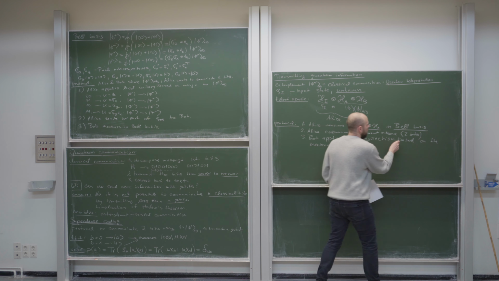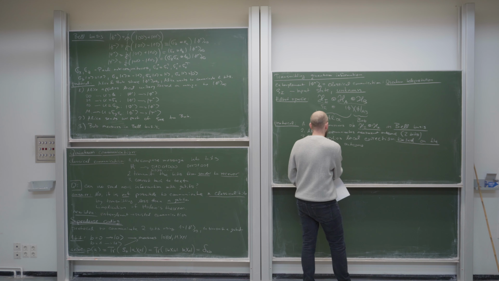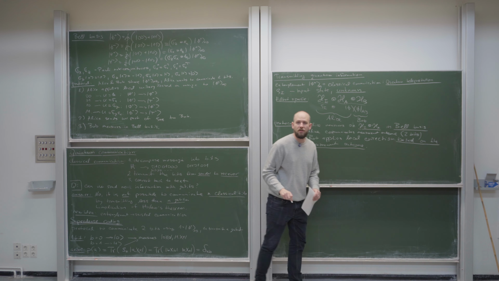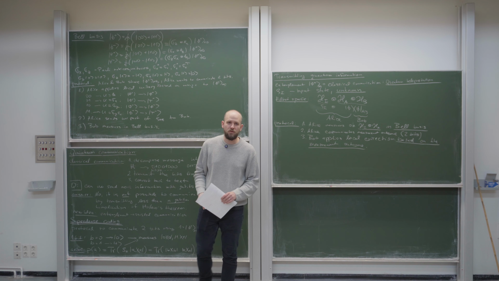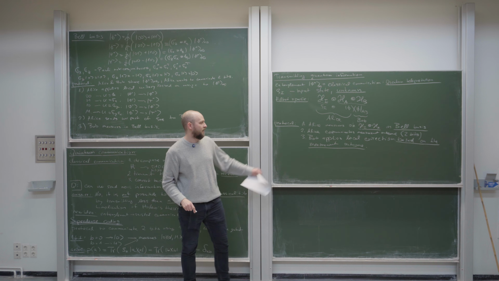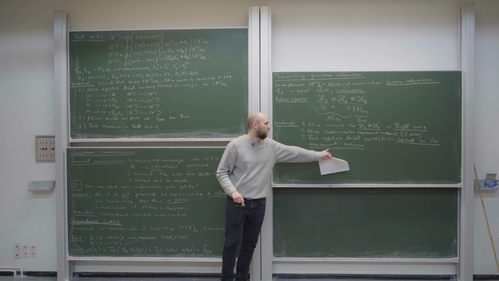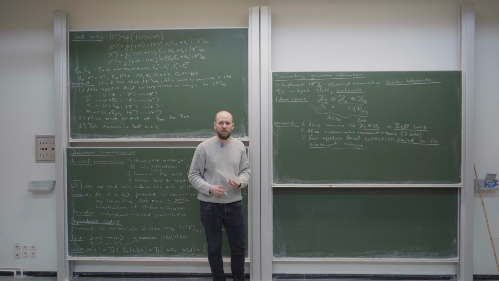And this is important. If you don't base the local correction on the measurement outcome, you're not going to get what you want. It has to be based on the measurement outcome. So Bob has to know what measurement outcome Alice got.